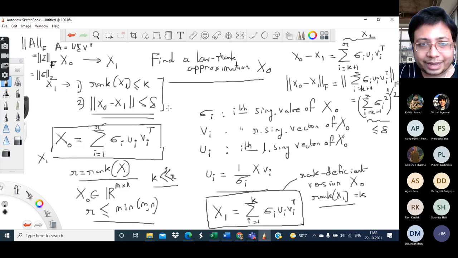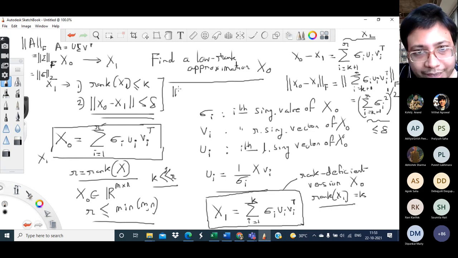Fine, but there is a result which says that the matrix which you get in this way is the best possible low rank approximation you can get for this x naught.